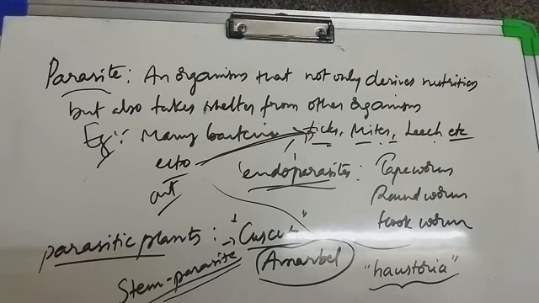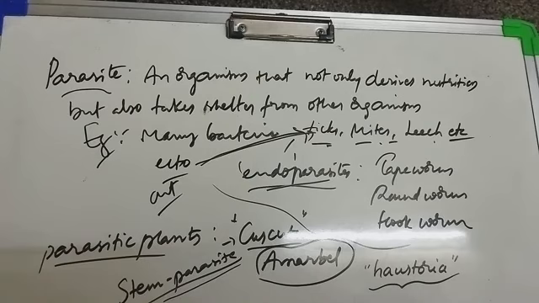Okay. Next coming to, now let us discuss about the holozoic, free living heterotrophs. There are different types of animals, heterotrophs. Some are unicellular, some are multicellular. Let us discuss about the nutrition in unicellular organisms.